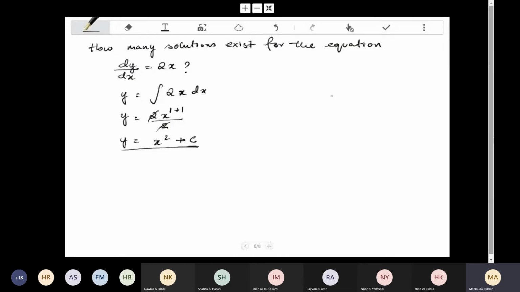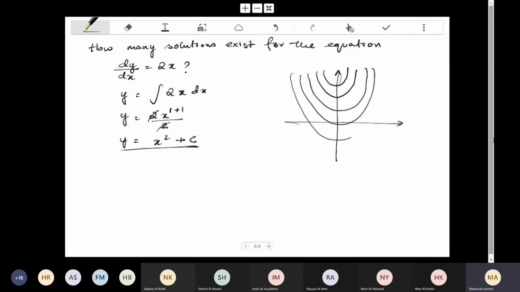If you look at it graphically, x squared looks something like this, but because we have c arbitrary, we could have many different solutions to this single equation.